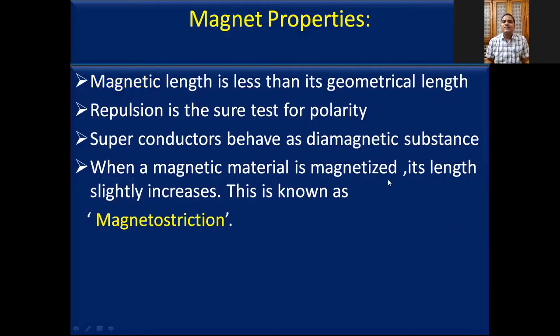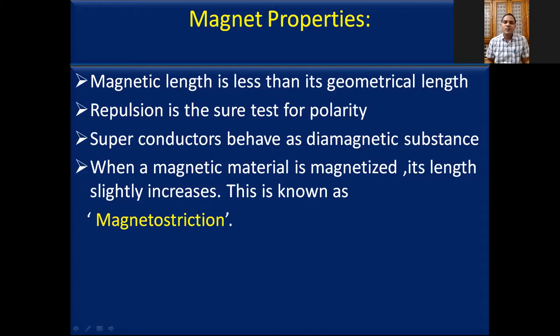After that, we covered different properties. Magnetic length is always less than the geometrical length. It is 5 by 6 of the geometrical length, right? Repulsion is the sure test for polarity. And when a magnetic material is placed in an external magnetic field, generally the magnetic lines of force pass through the material.